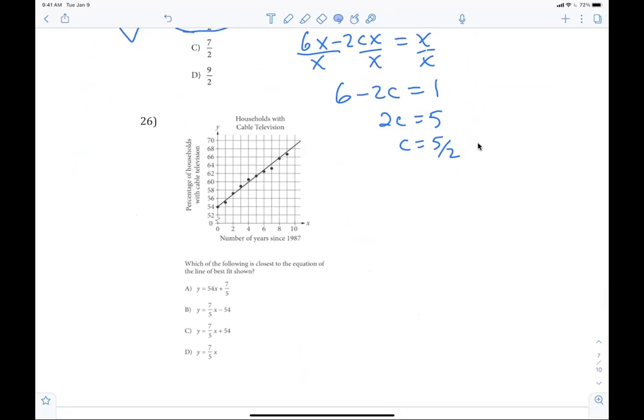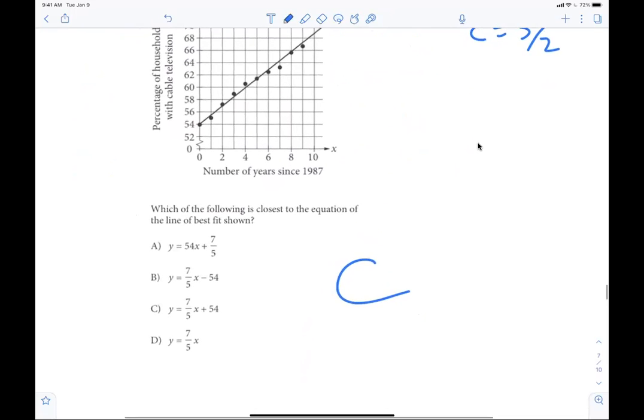Somebody said C so far. C. Well, we know right off the bat that the y-intercept's about what? 54. We know it's about 54. Wow. Is it that easy? Are the dots the predictions or the actual?